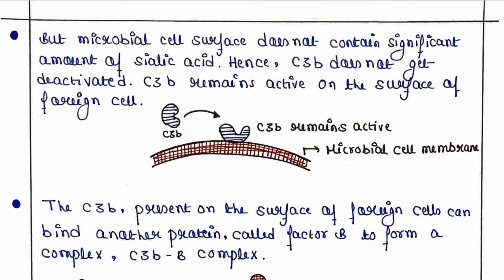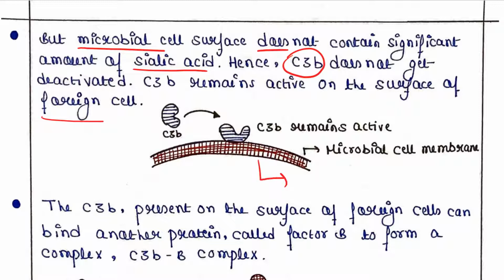But in the case of a microbial cell, the cell surface does not contain a significant amount of sialic acid. Hence the C3b that was generated does not get deactivated. So C3b remains active on the surface of the foreign cell.